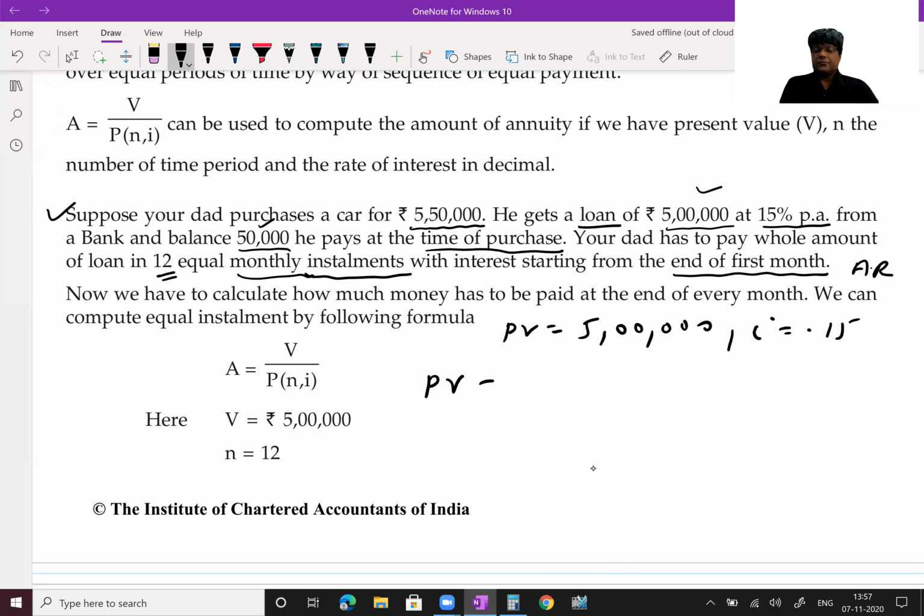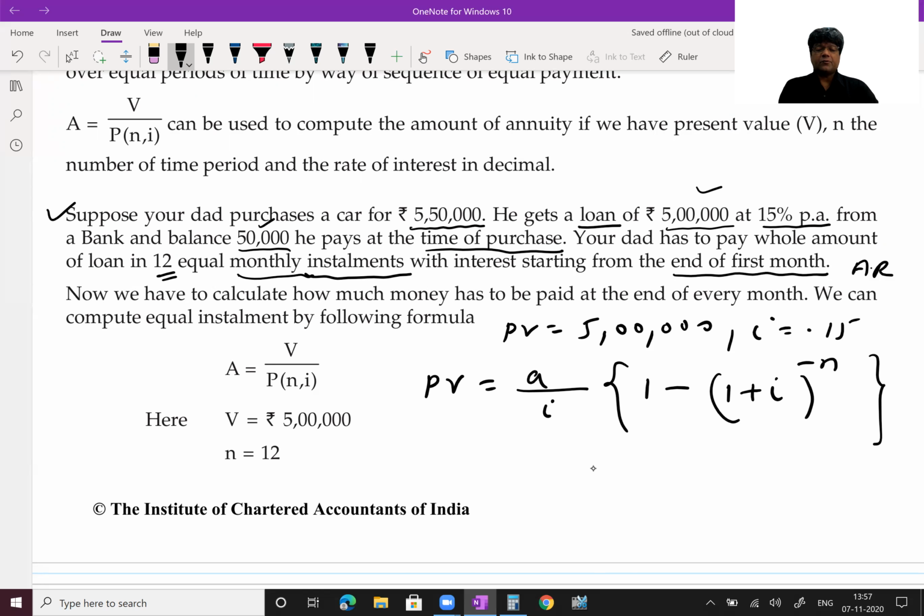Present value, the normal formula is A by I into 1 minus (1 plus I) to the power minus n. But here your installment is not yearly. So what will happen? K factor will come.